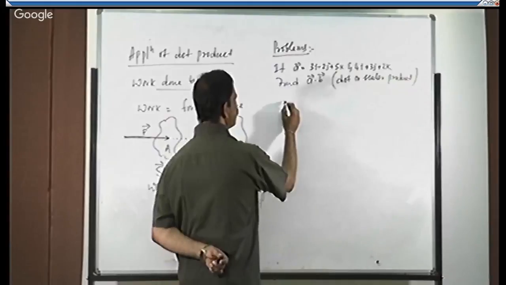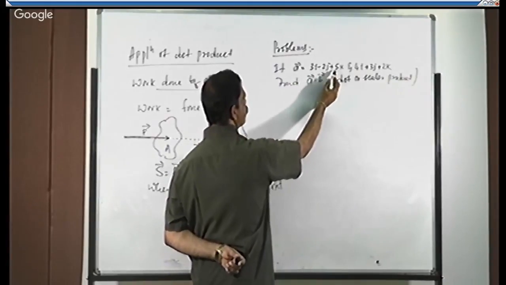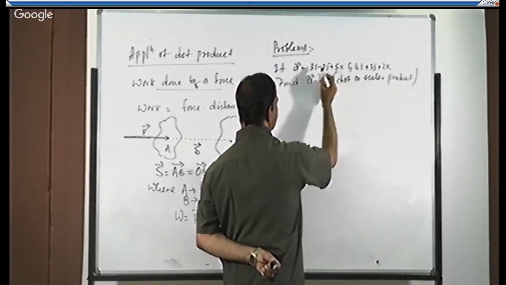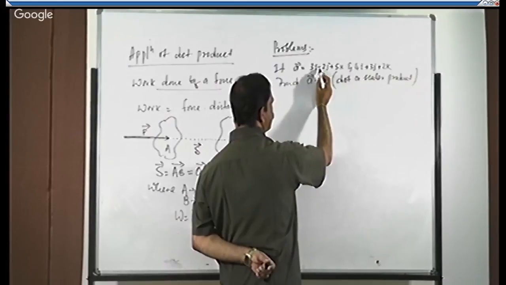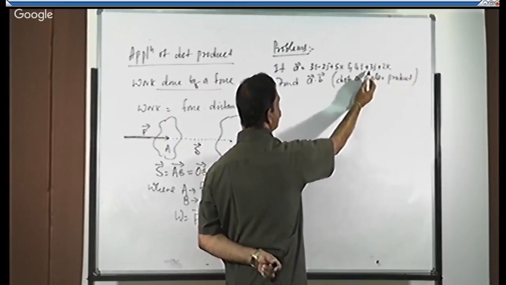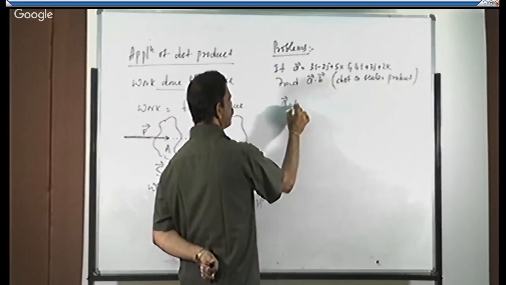So as we know, suppose A is equal to A1i plus A2j plus A3k, and B is B1i plus B2j plus B3k. Then A dot B is equal to what?